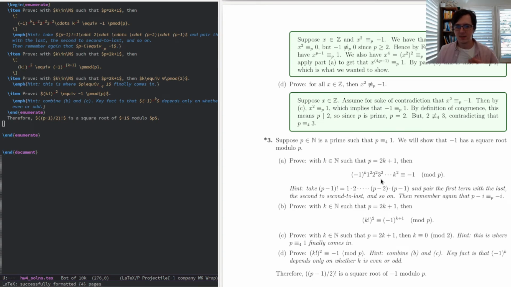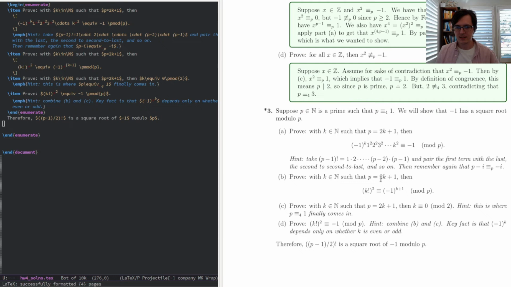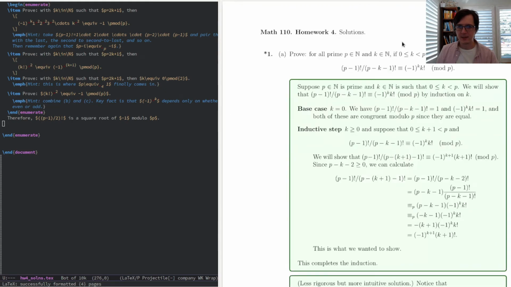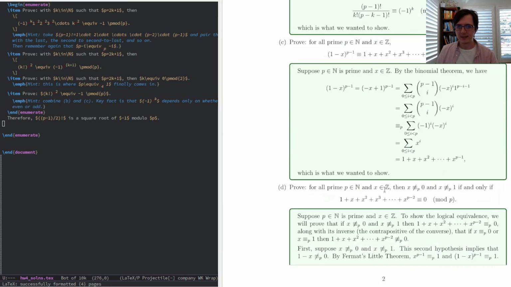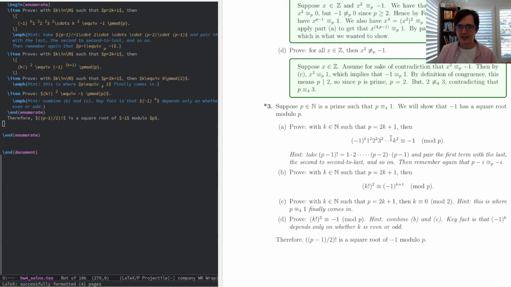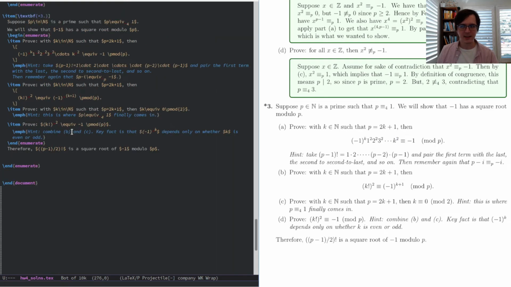And when it's 1 mod 4, it has a square root. And we're going to use Wilson's theorem for this. So first part, we're going to show that if p is odd, then we can rewrite p minus 1 factorial in this form. And we'll see why that works.